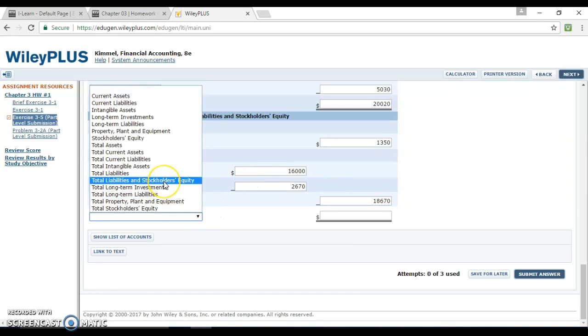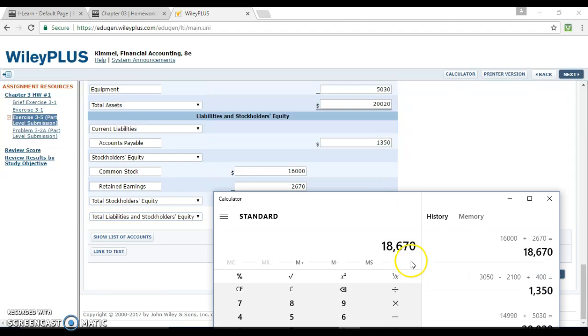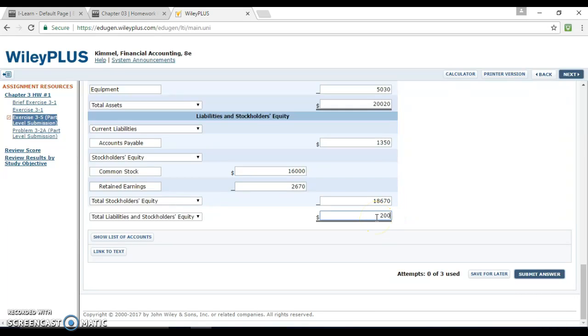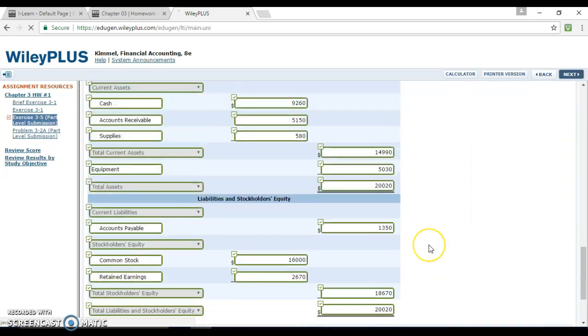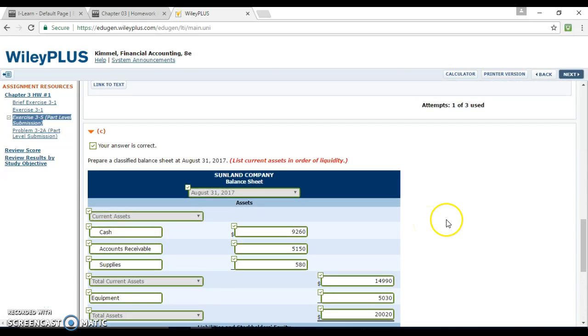So then at the bottom, total liabilities and stockholders' equity is the $18,670 plus the $1,350 in accounts payable is $20,020. And as you can see, both balances match. So the assets equal the liabilities and stockholders' equity. So we'll go ahead and submit the answer. And yay, the answer is correct.